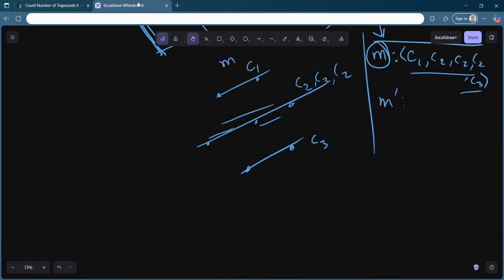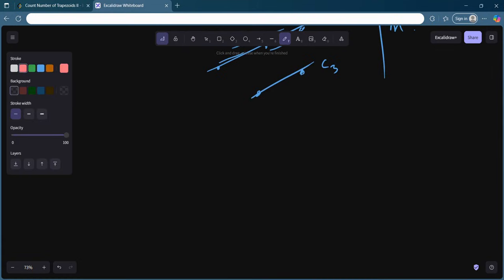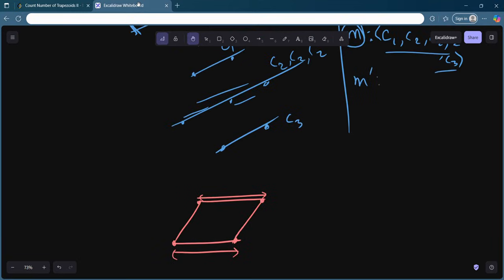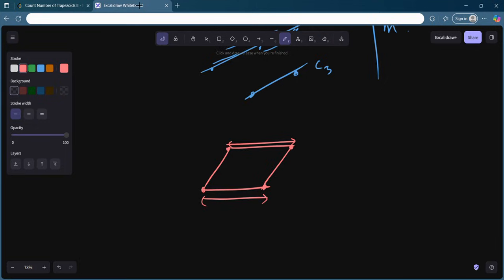So you see, consider a parallelogram. At first you will calculate this as one trapezium. You will take these 2 points and tell that they are both parallel to each other and lying on the same slope, and we can count them as one trapezium, one parallelogram.